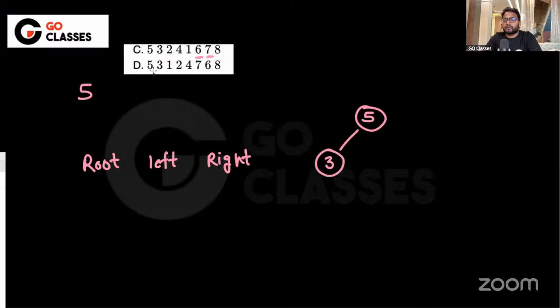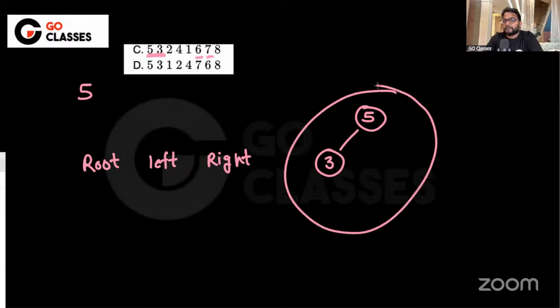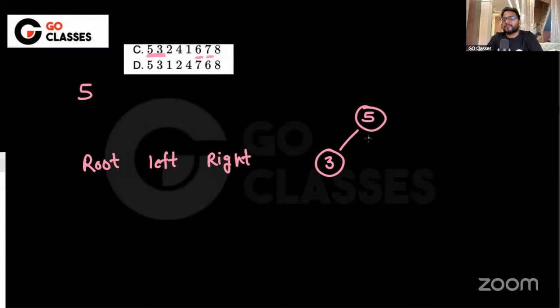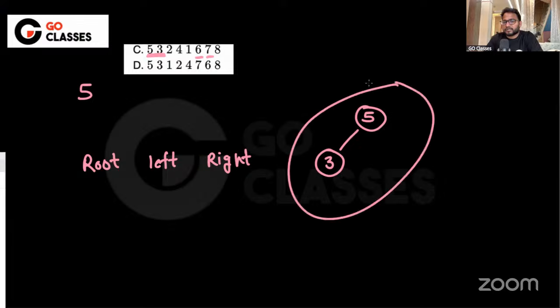Yesterday also we have seen that in the pre-order, these first two numbers always say this structure. So in any pre-order, the first two numbers will make this structure. If left is null, then obviously they will go to the right, but if left is not null, then they will make this structure.